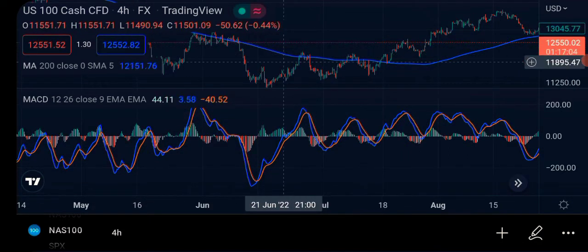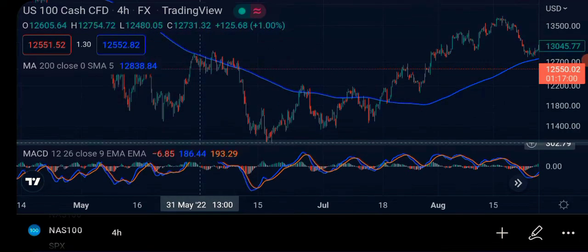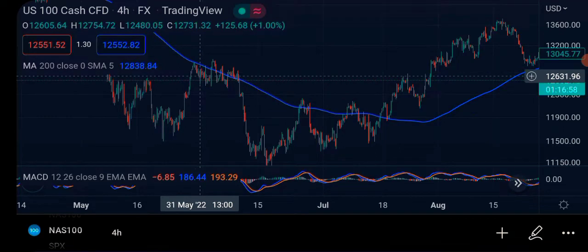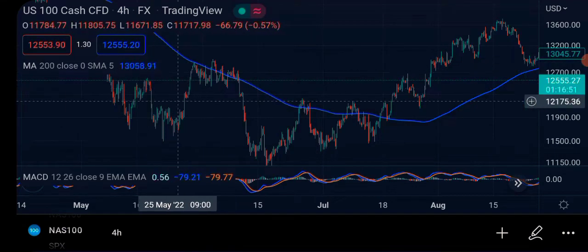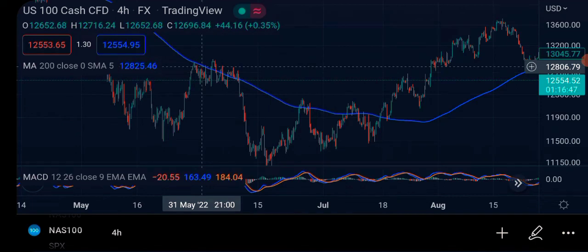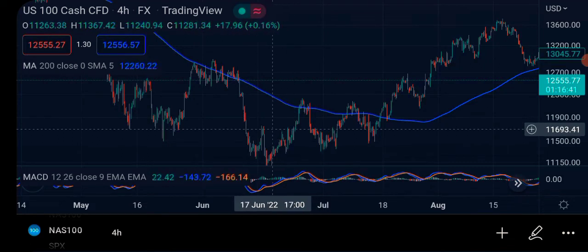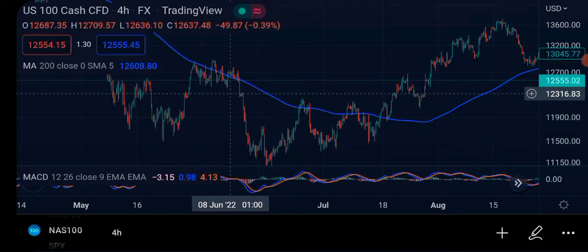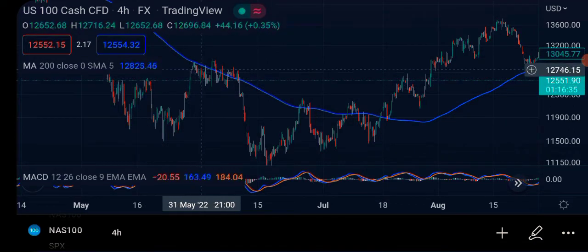Okay, now you can see the market was formerly here. It was an uptrend from here, then it consolidated around here, before the drastic downtrend came in. It was a breakout from the consolidation.